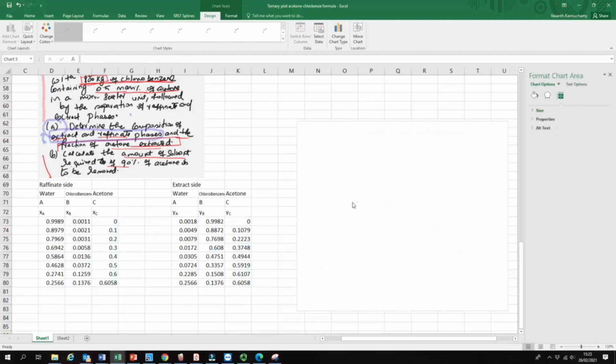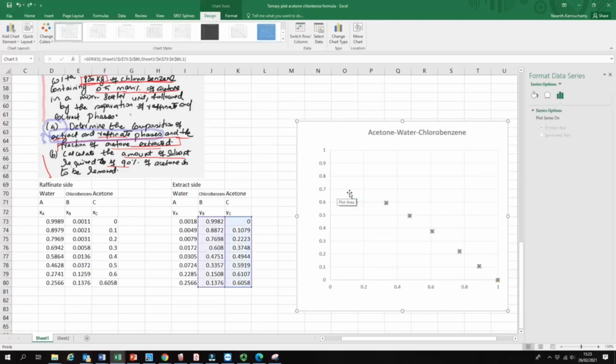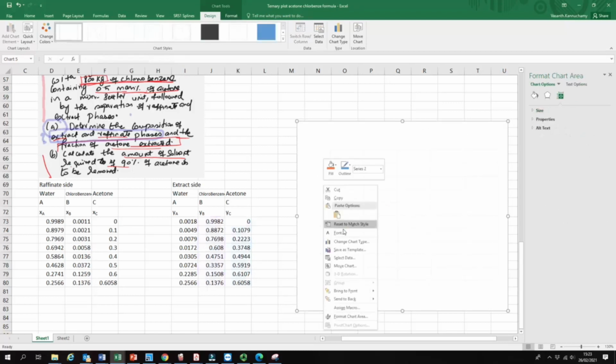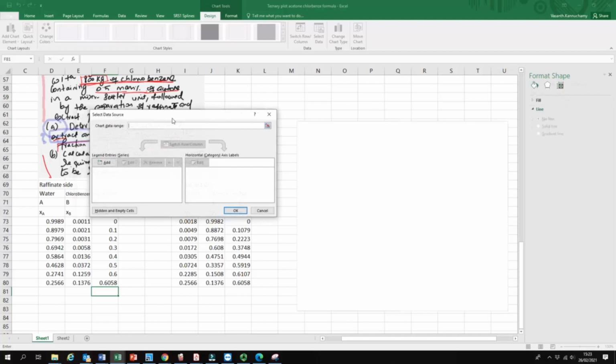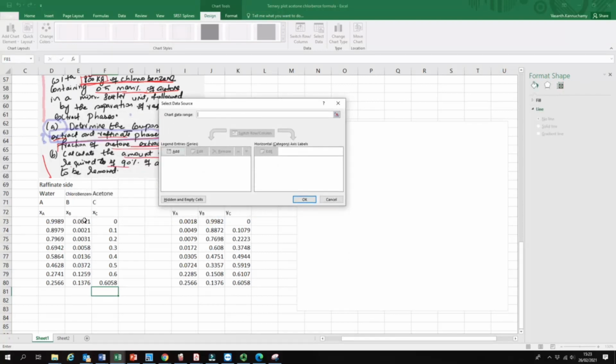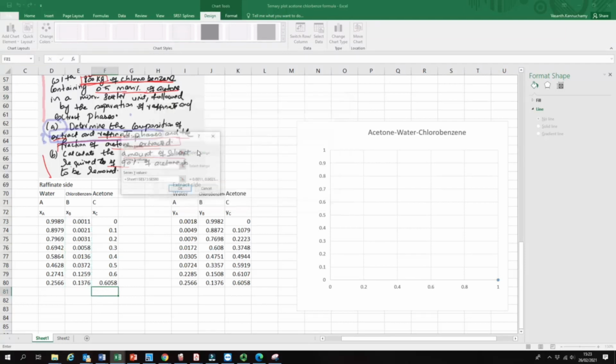So let's plot it. Okay, let's create a new one. Select data. First let's cover the raffinate arm. So we plot XB on the x-axis, which is our solvent, and on the y-axis we plot our solute. Now that corresponds to, we can give a name, say raffinate.